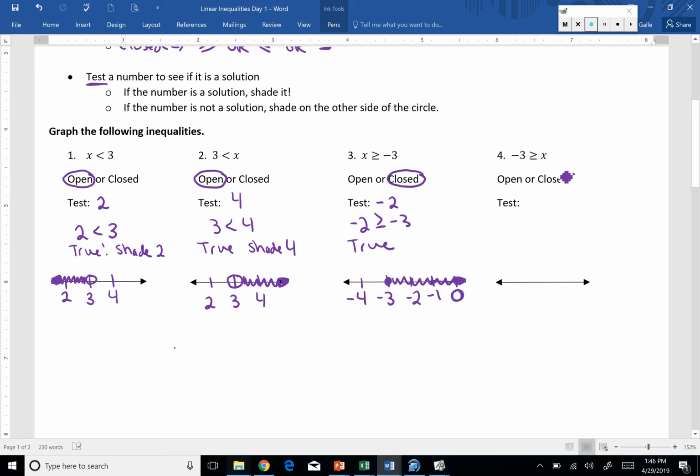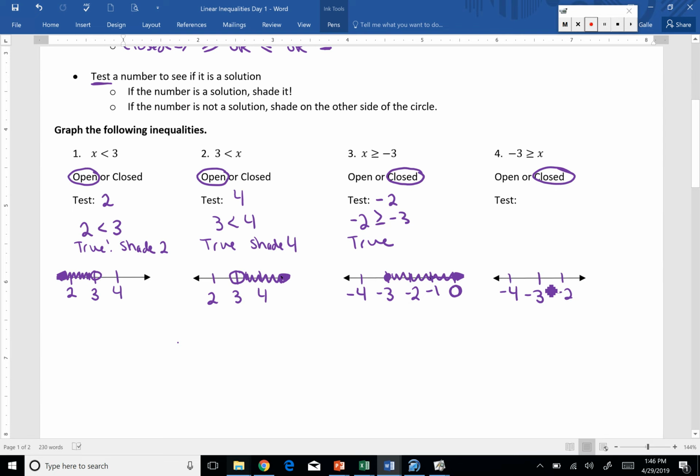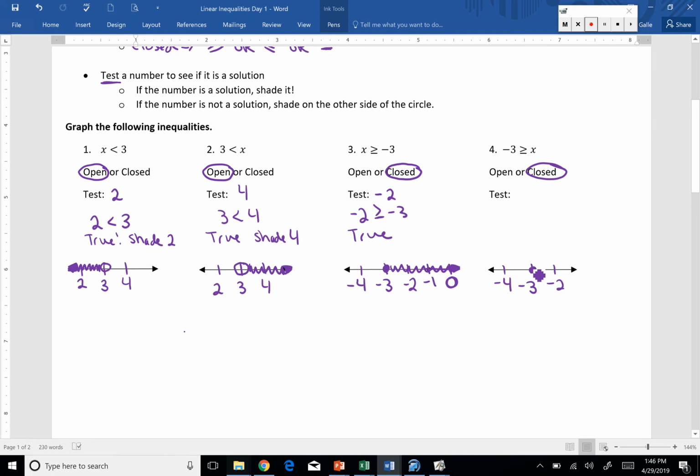Last but not least, number 4, we have that equal to, so we're going to be closed again. Be careful when you're numbering that negative number line. So you have a closed circle on -3. And let's test out. It doesn't matter which one you test. I'll just show you.